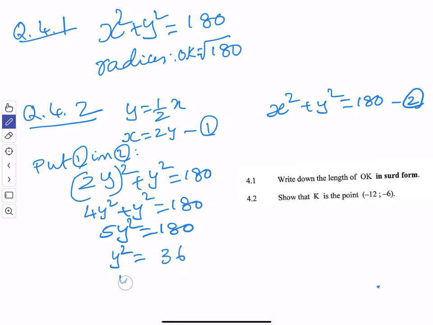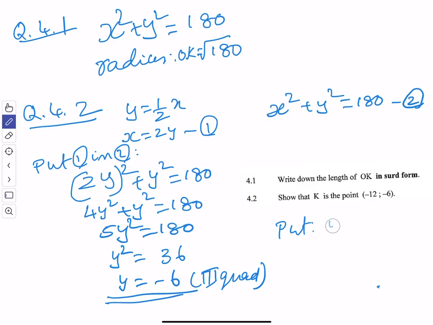Therefore my y is equal to plus or minus 6. But I am going to remove this plus 6 because I want only negative 6. Why do I want negative 6? Because it's in the third quadrant, right? That is very essential. That is why I put the negative 6.